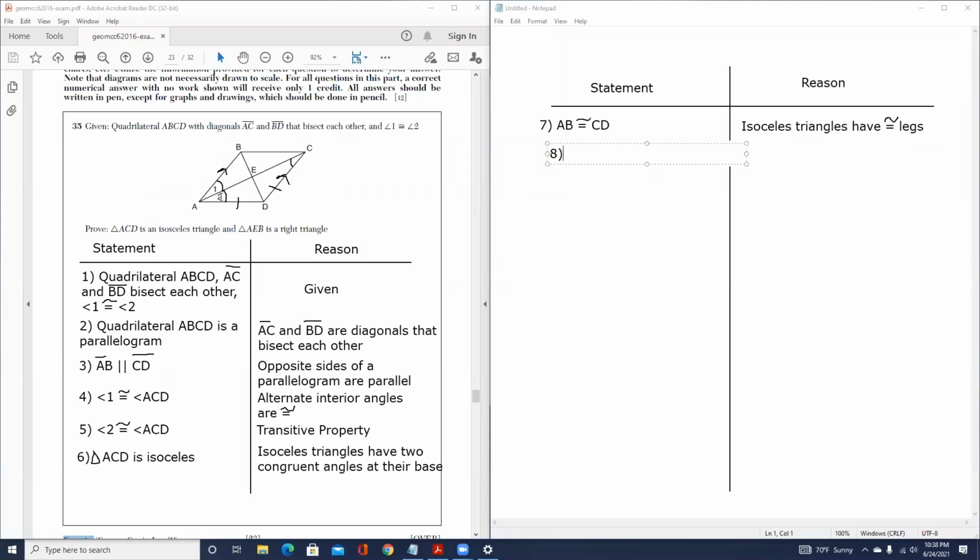Now, if we have a parallelogram that has two congruent sides, then we know that, by extension, ABCD is a rhombus.